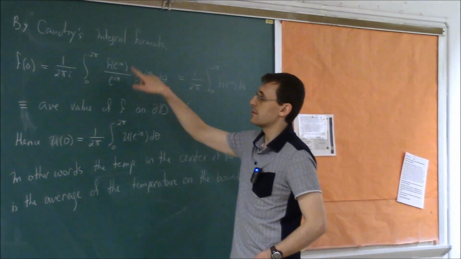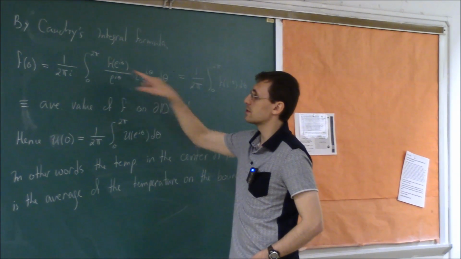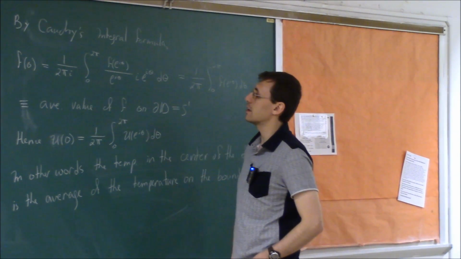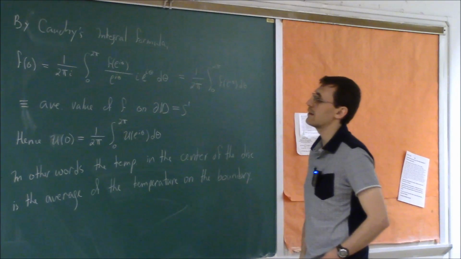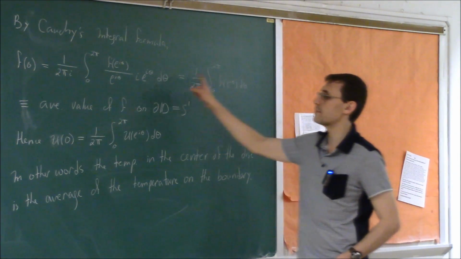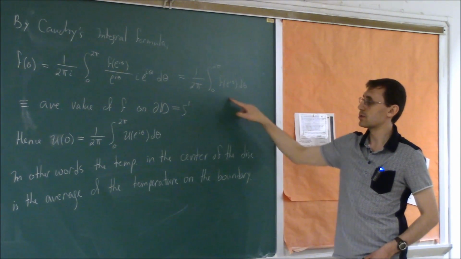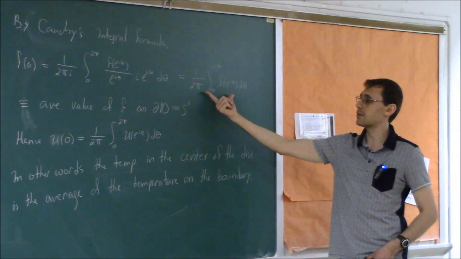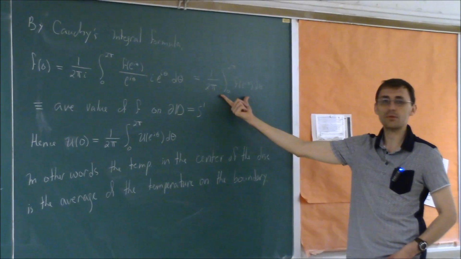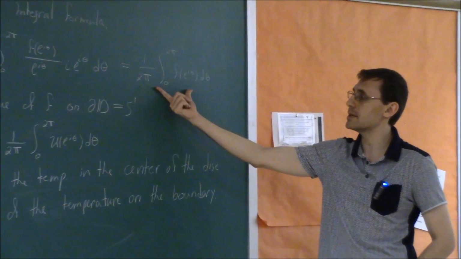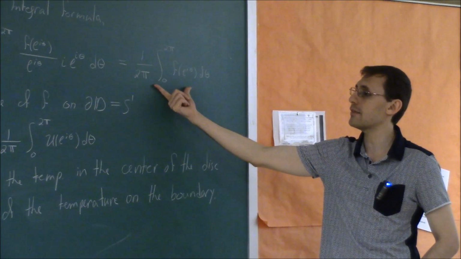And this is just the parameterization of that integral. So it's f of e to the i theta over e to the i theta times i e to the i theta. After performing all the cancellations, I obtain this formula. Now, for those of you that remember from Calc 1, this formula is merely the average value of f on the boundary.